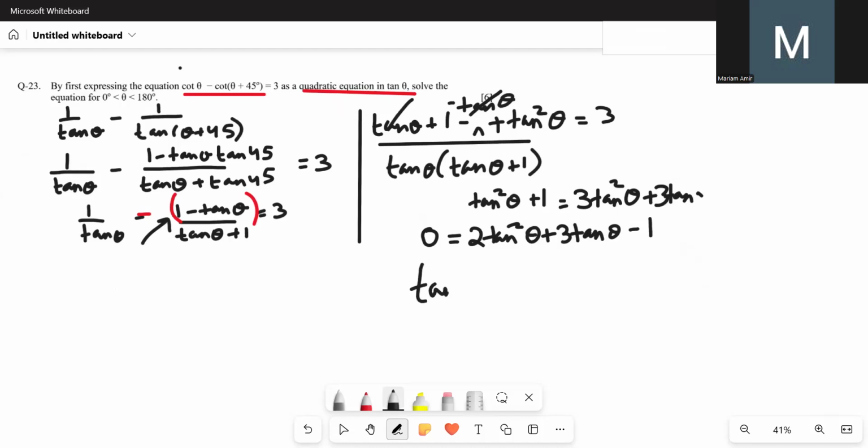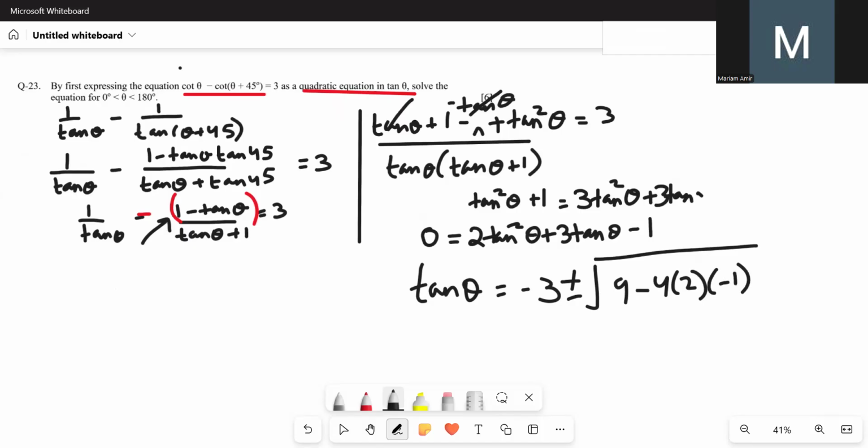So tan theta equals minus b plus minus square root of b squared minus 4ac upon 2a. So we get two values of tan theta.